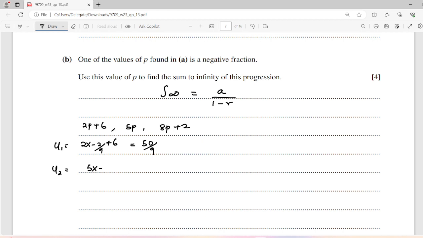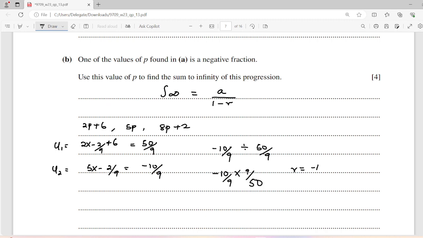So when I divide by 50 out of 9, I'll end up having negative 10 out of 9 times 9 out of 50, and I get my common ratio as negative 1 out of 5.